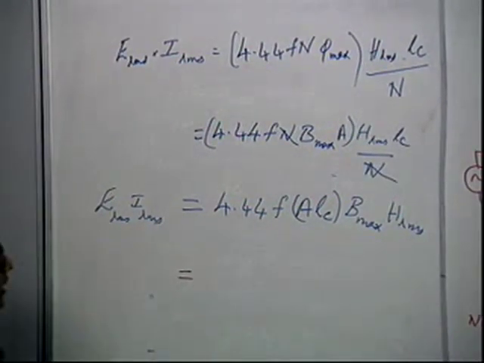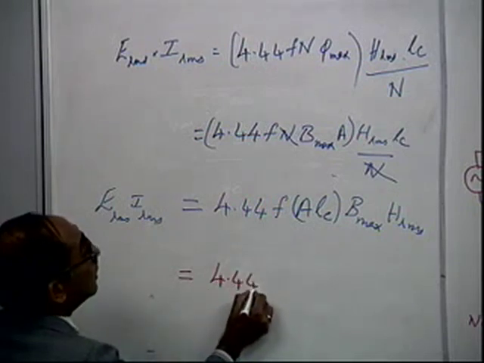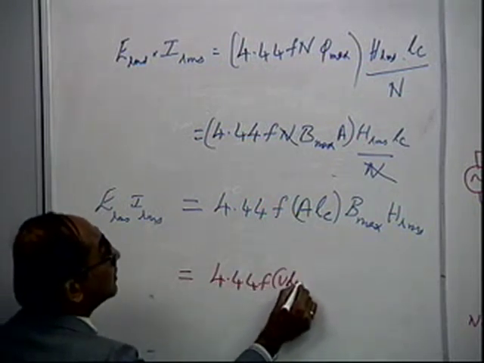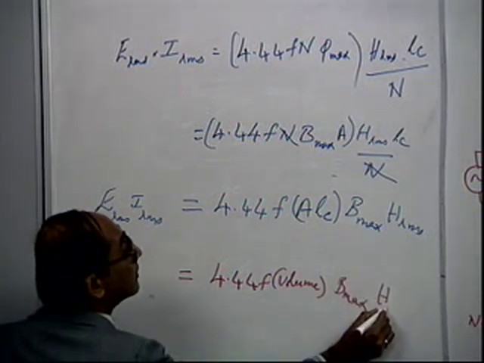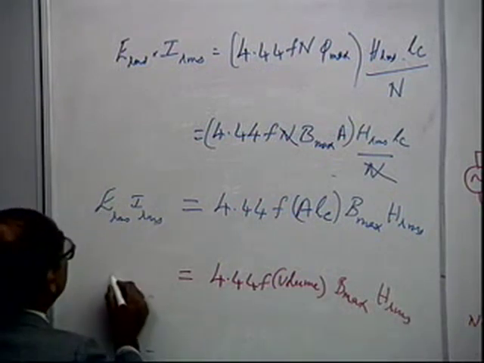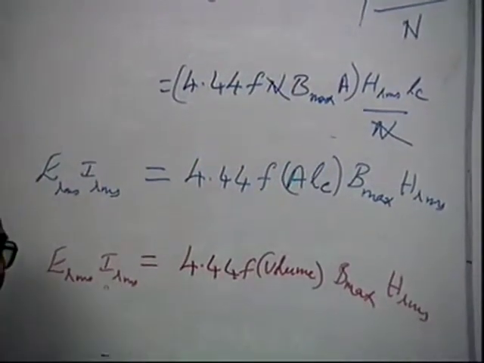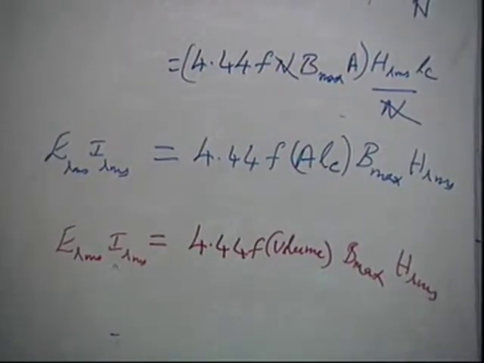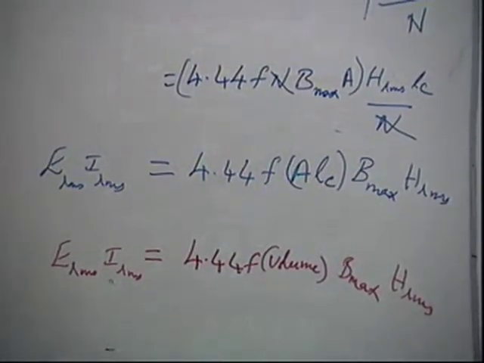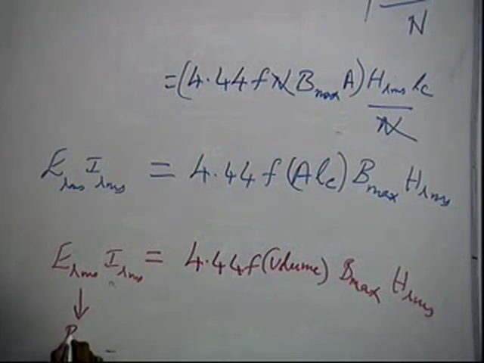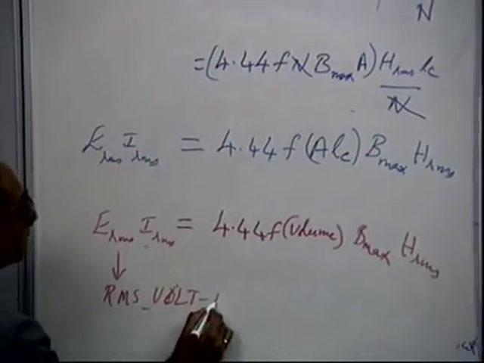It is the volume, and this is for a given frequency. So that is 4.44 F into volume into B max into H RMS, which is E RMS I RMS. Now this term is called RMS AC volt amperes.